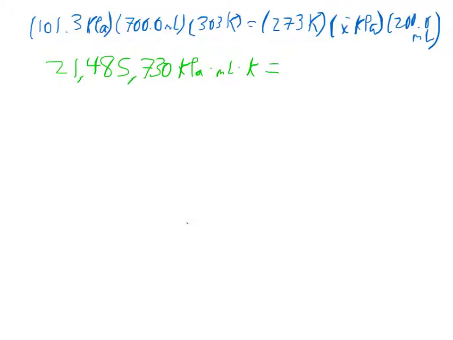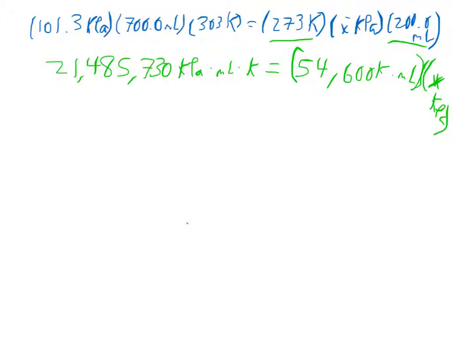So this is equal to, and then you multiply 273 Kelvin times 200 milliliters, and the number you get is 54,600, and that's Kelvin times milliliters. And then you also have this in parentheses times x kilopascals.